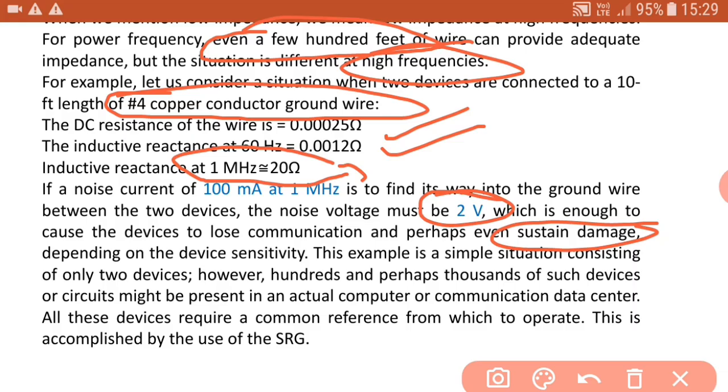This example is a simple situation consisting of only two devices. However, hundreds or perhaps thousands of such devices or circuits might be present in an actual computer or communication data center. All these devices require a common reference from which to operate. This is accomplished by the use of signal reference ground.